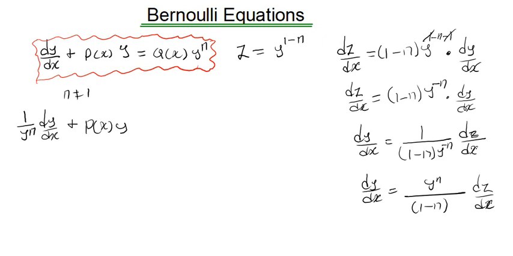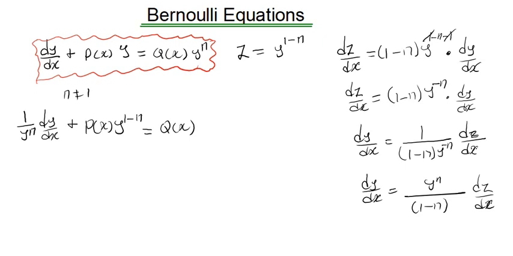We have multiplied by 1 over y to the power n, but you observe that since the bases are the same, instead of saying y divided by y to the power n, I'm going to write this as y to the power 1 minus n, which equals q of x.